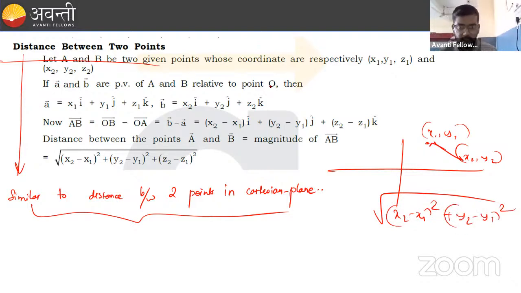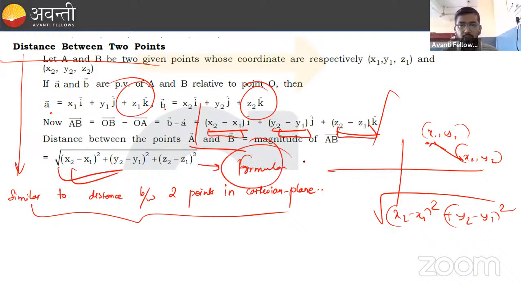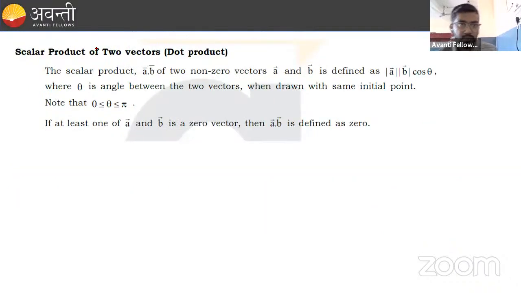Here the only extra thing is that we have added the z component. So the vector AB bar becomes x2 minus x1, y2 minus y1, and z2 minus z1. The distance between the points can also be written as the magnitude of this vector, which is under root of this square plus this square plus this square, right? Do you remember the formula? This formula is supposed to be remembered. It will be used in multiple situations.